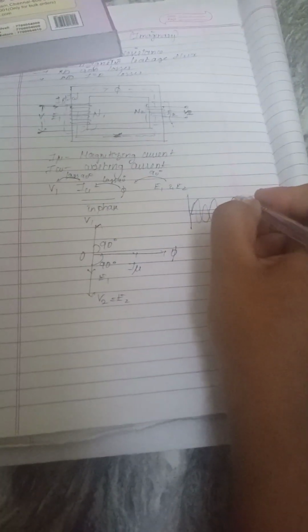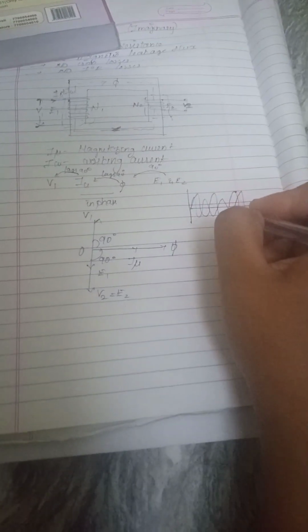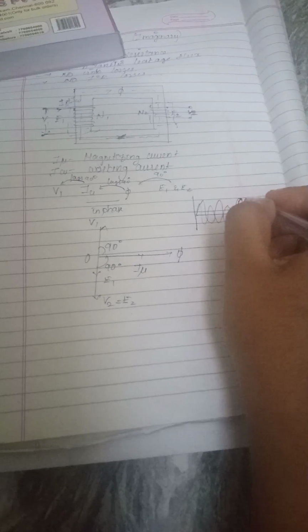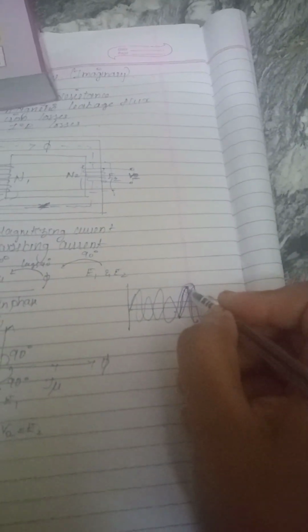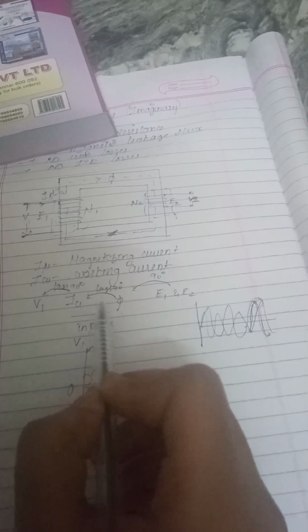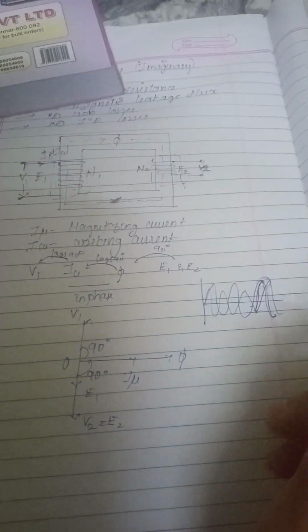But in some location they reach the same part. So at some place both waves attain the maximum peak at the same time. This is named in phase. So the current which induces flux and the flux are both in phase with each other.